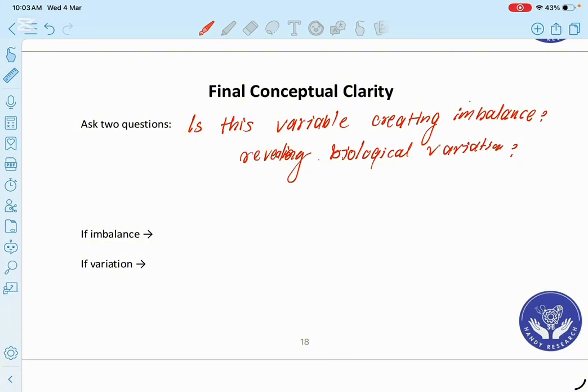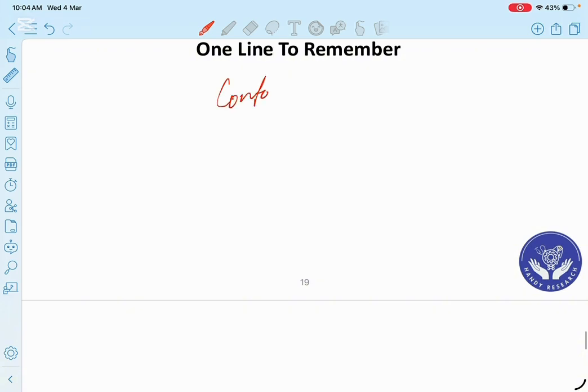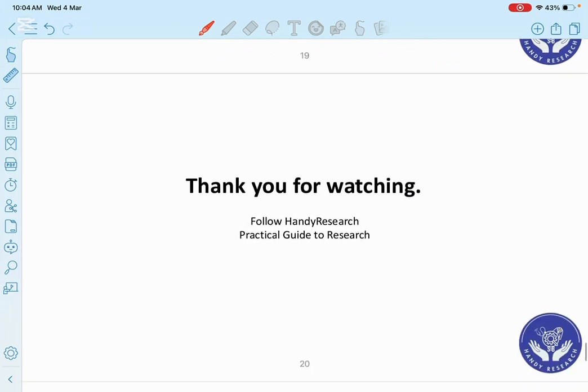If there is imbalance, that is confounding, and if it is biological variation, that is effect modification. Now, the last line to remember: confounding is something you control, and effect modification is something you describe. Always remember that. Always.